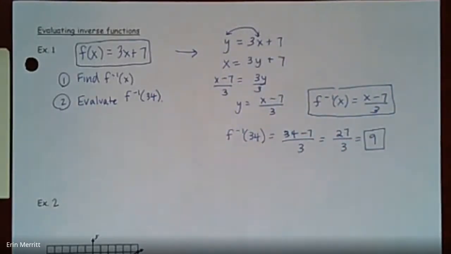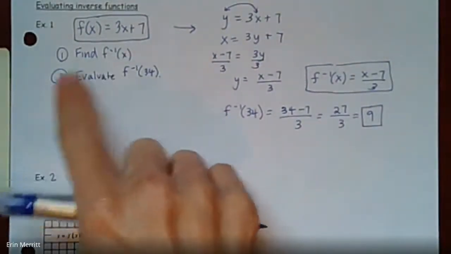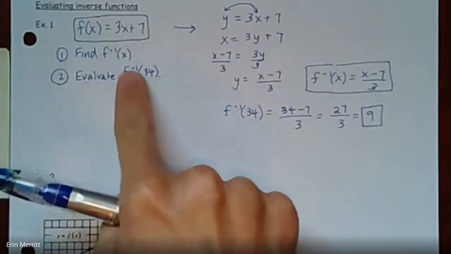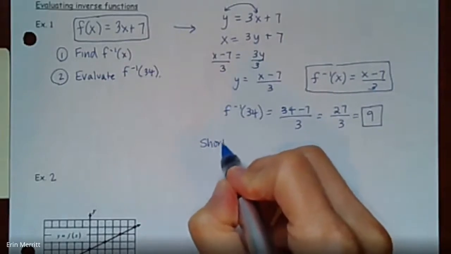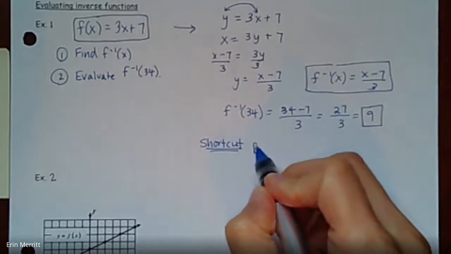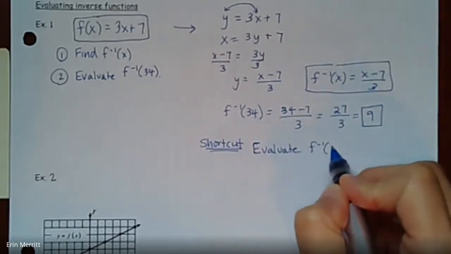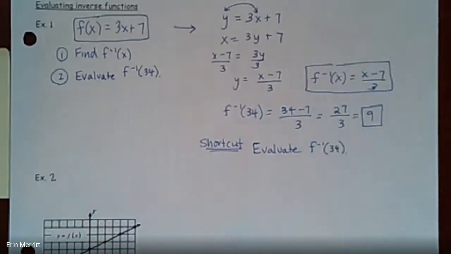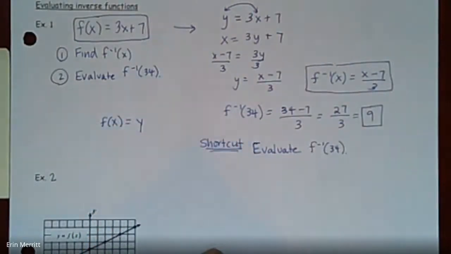What I would like to show you is that there is a little bit of a shortcut if I hadn't given you step 1 and I had just said evaluate f inverse of 34. So here is your little shortcut. If I said, evaluate f inverse of 34 and just said go, what I want you to remember is that when we see f of x equals y in the original, you're plugging in an x, you're kicking out a y.